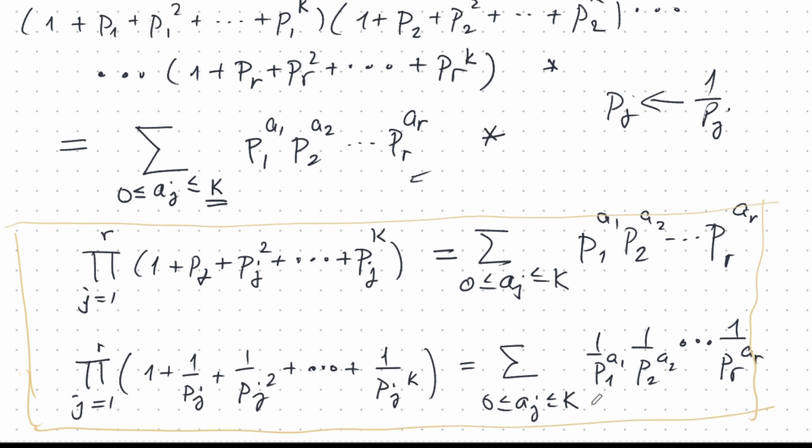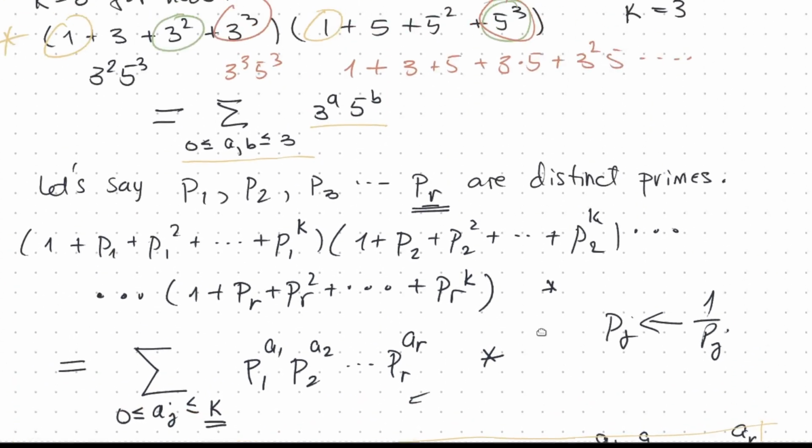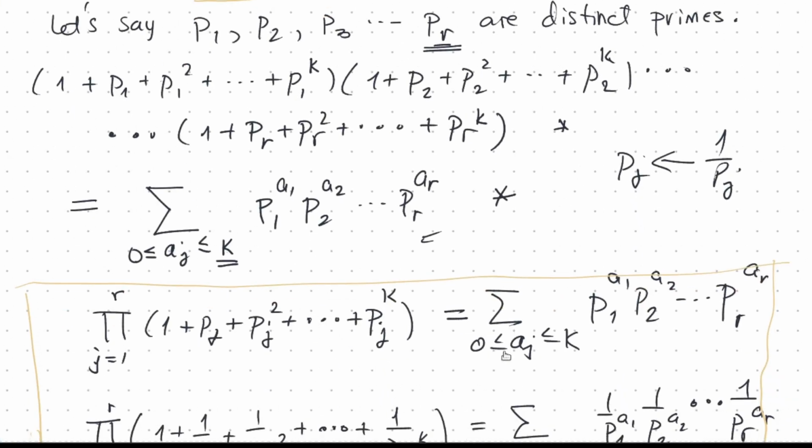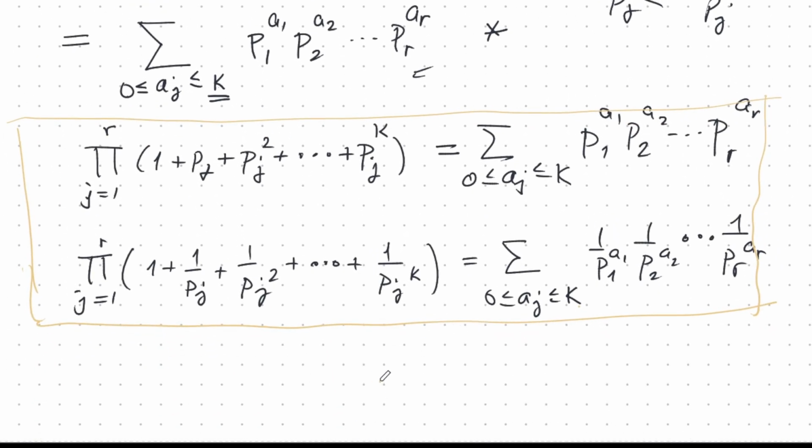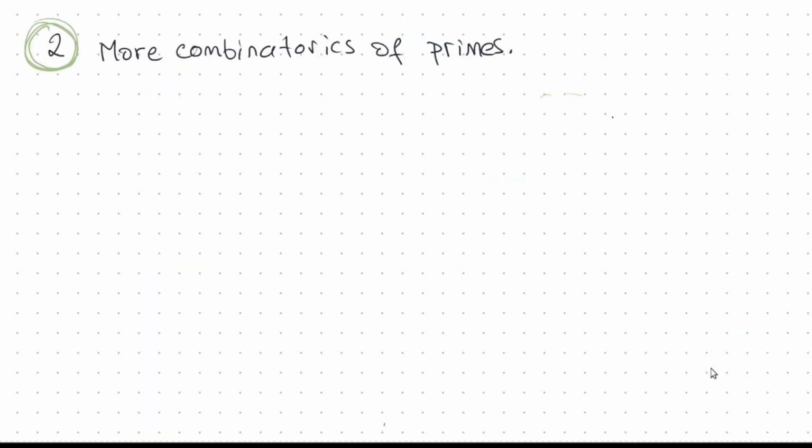There's no difference in algebra. If I repeat the same argument here with 1 over prime, it is exactly the same thing because they factor the same way. So these two are very beautiful combinatorics type results about the way primes combine to form numbers. All right, that was pretty productive.